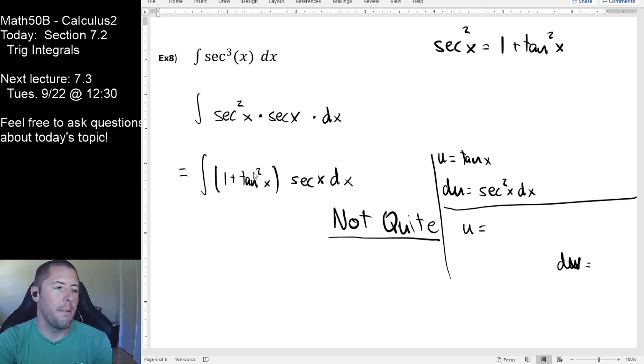But if I choose 1 plus tan squared to be u, then you should see that the derivative of tangent squared is going to be what, like 2 secant to the fourth of x? And I'm not quite sure that increasing the powers into a secant to the fourth for du is going to be helpful to us, right? The derivative of tangent is secant squared.